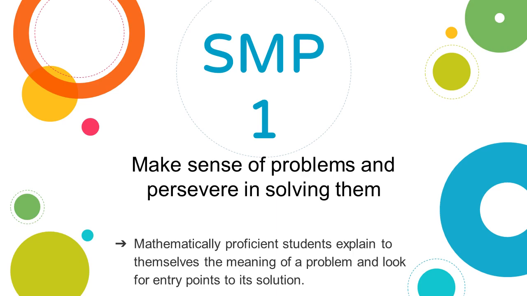Mathematical practice number 1 asks students to develop that puzzler's disposition in the context of mathematics. Teaching can certainly include focused instruction, but students must also get a chance to tackle problems that they have not been taught explicitly how to solve, as long as they have adequate background to figure out how to make progress.